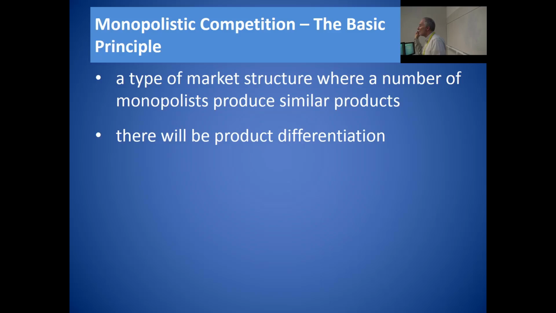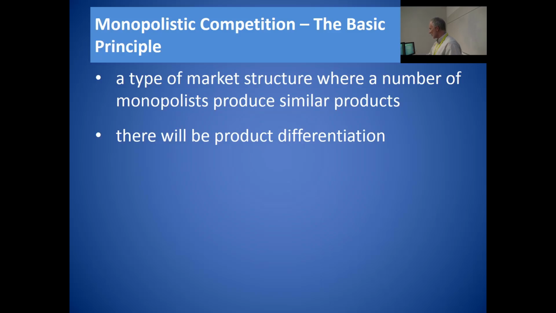That's true. But each and every one of these unique goods is, to a certain extent, a substitute for the output of the other monopolists. So there is, in this type of market structure, some sort of product differentiation. The monopolists are producing unique yet similar goods.